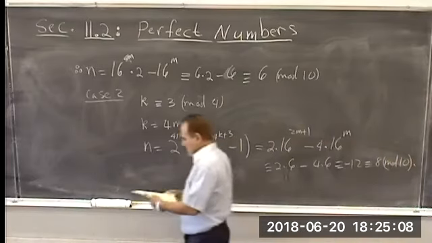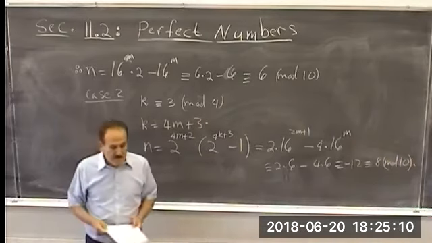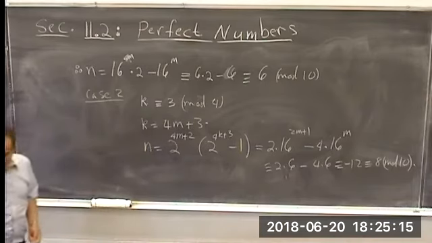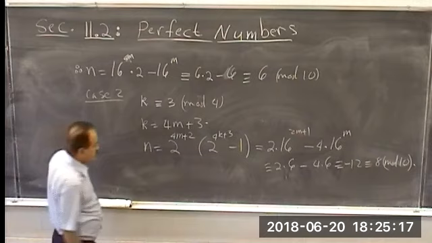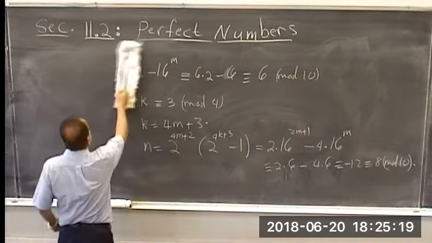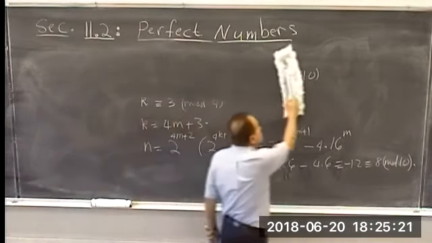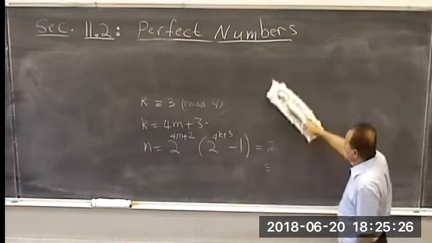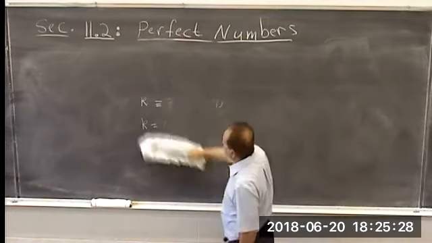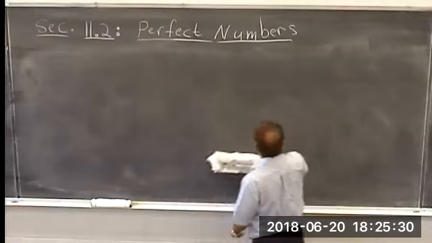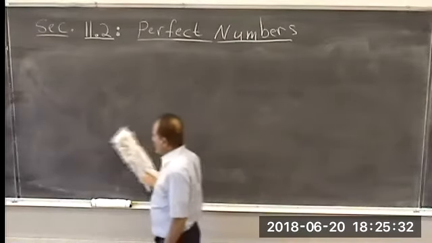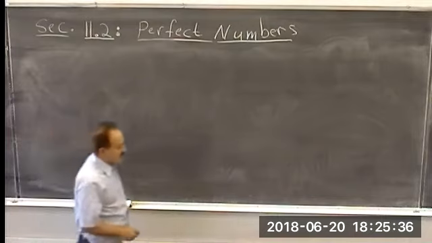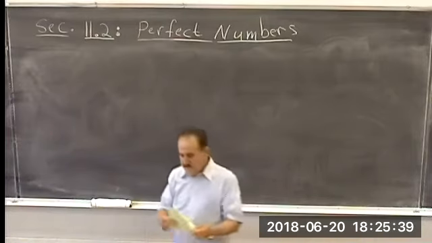All right? Actually, when you look back at those numbers, known to the Greeks, you find the last two digits. When the last digit is 8, the tens digit is 2, which means they end in 28.